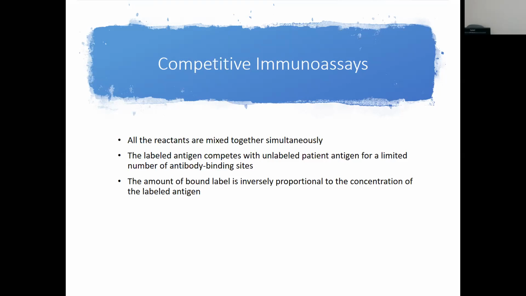The labeled antigen. Okay, there's no competition. There's no patient antigen there in the test sample. So all we're going to see is this label show up. So this might be a strength in color, might be a strength in luminescence. Oh, it's shining bright. Or we may have to measure it with some other machine.